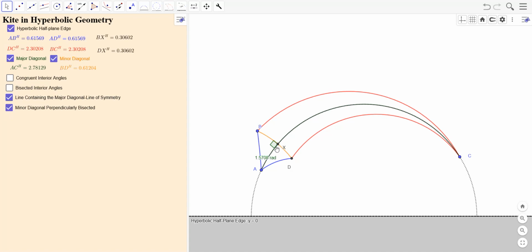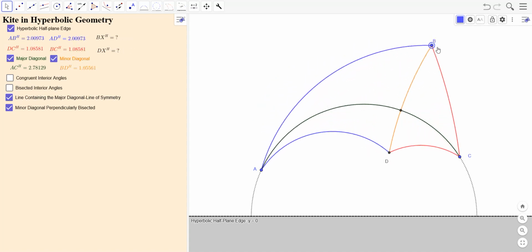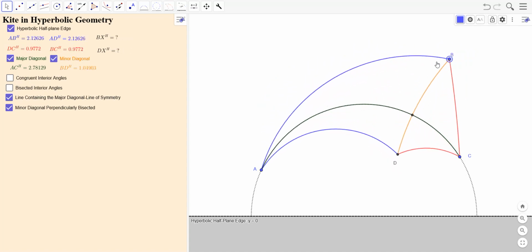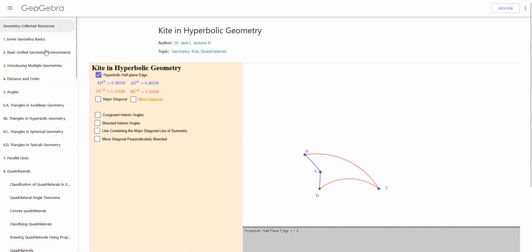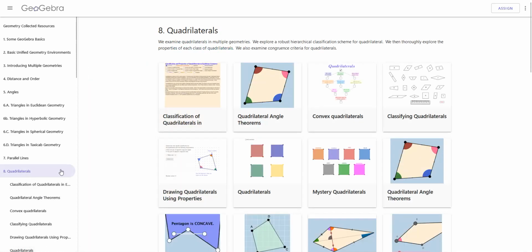That's a right angle, and BX and DX are the same length. Here are the measurements right there. Notice that they're the same measurement. They may not look the same because of the way measurements are done in hyperbolic geometry, but they actually are. So we get exactly all the same results for hyperbolic kites as we do for kites in Euclidean geometry.